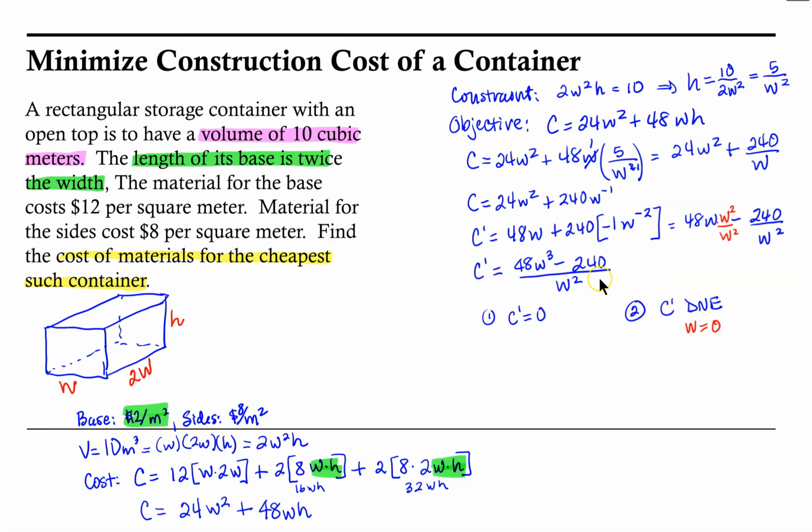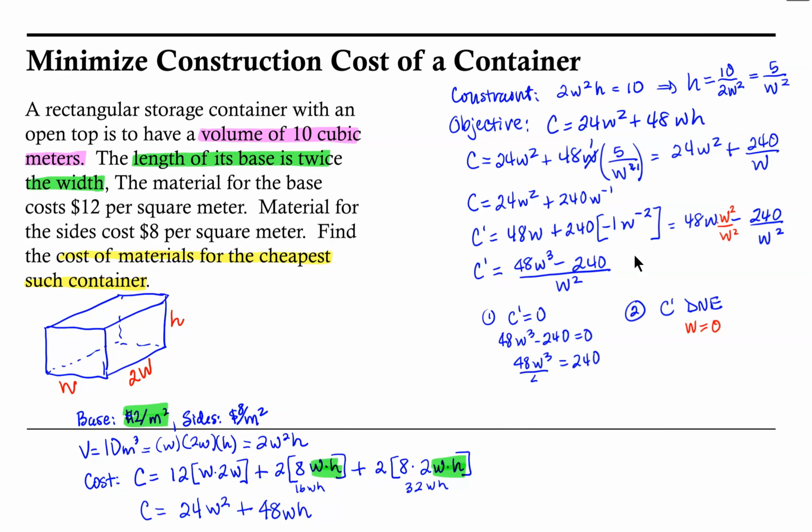So let's come back and look at the first source of critical numbers, that is where this derivative equals 0. And so if this derivative were to equal 0, the numerator would have to equal 0. So let's look at where 48w cubed minus 240 equals 0. Solving this, we'll get 48w cubed equals 240 if we add 240 to both sides.